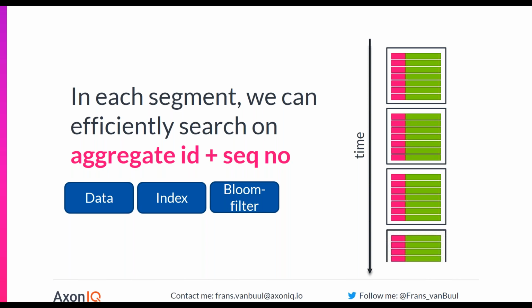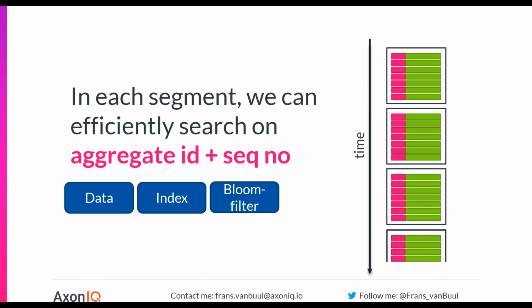And then the third file that we have in there is a Bloom filter. A Bloom filter is a probabilistic set data structure. So we can ask it whether or not a particular aggregate may be in this segment, and the Bloom filter says either no, it's definitely not there, or maybe it's there. Please check the index.